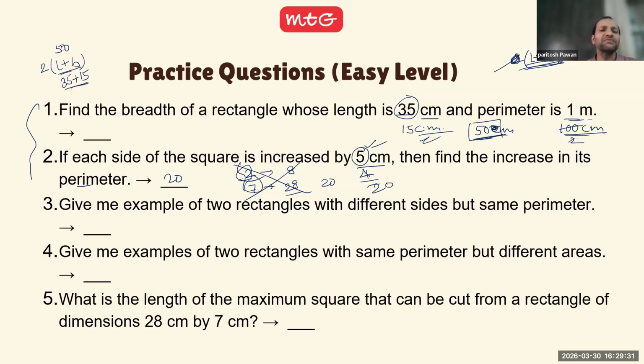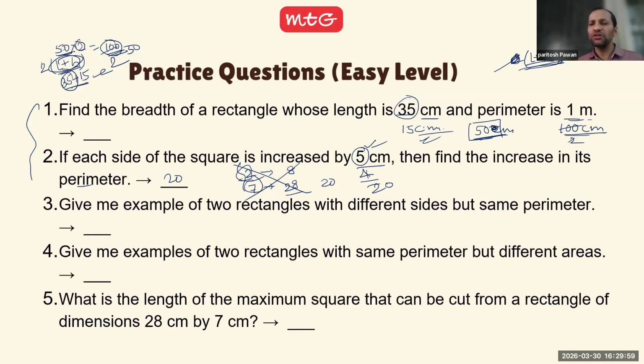And when we multiply this 50 by 2, we get 100. Correct? So now the question is given in reverse way. They have given perimeter 100. So in 100 what is it? Sum of length plus breadth into 2. So we remove 2 and we get 50. And 50 is what? Length plus breadth. And length is 35, so 50 minus 35, it is 15. That is breadth.